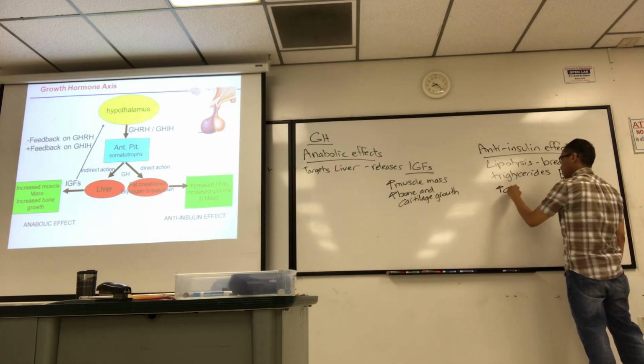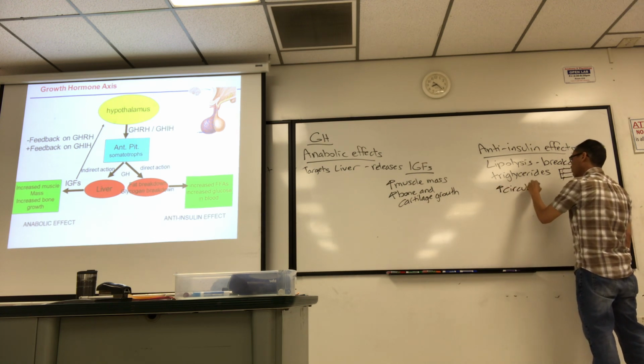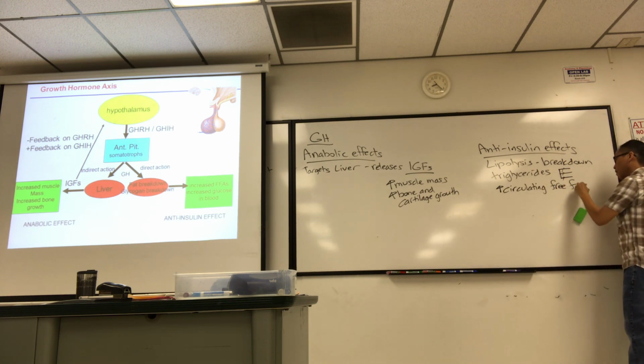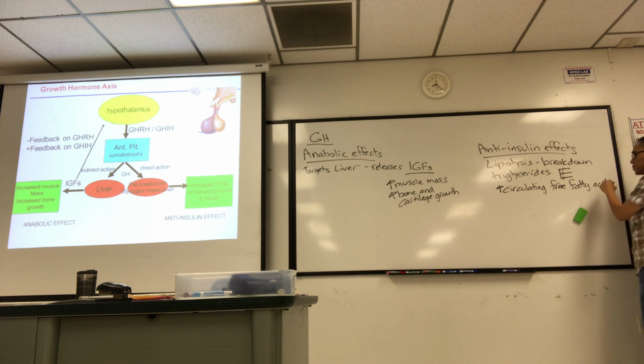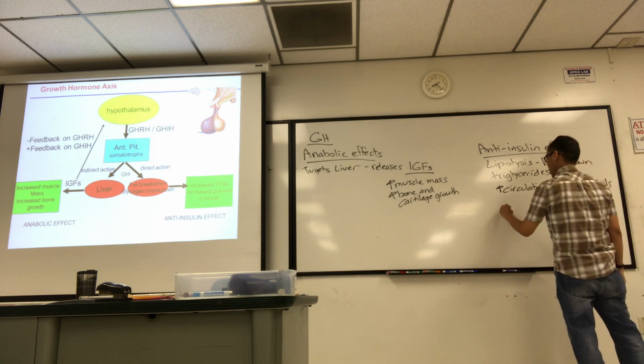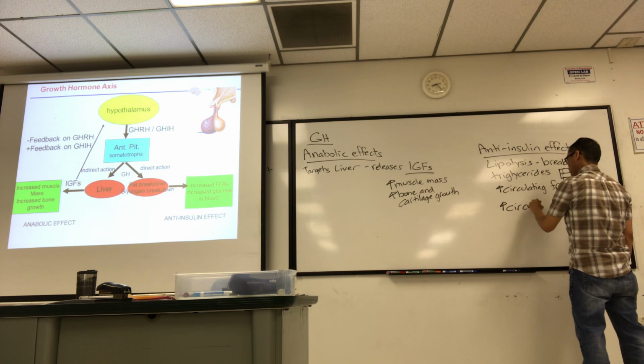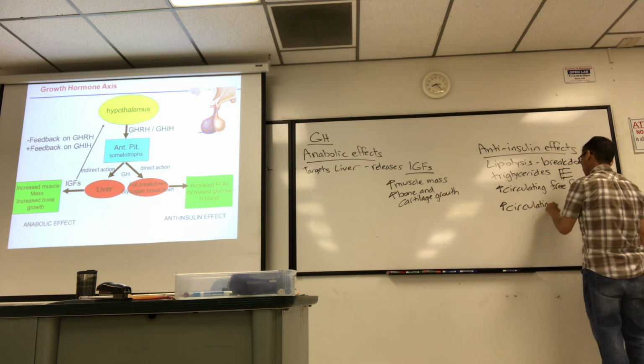Increase circulating free fatty acids. The other energy store you tap is glycogen. So you break down the glycogen, you increase the level of glucose in the blood. So I'm writing increase circulating glucose.